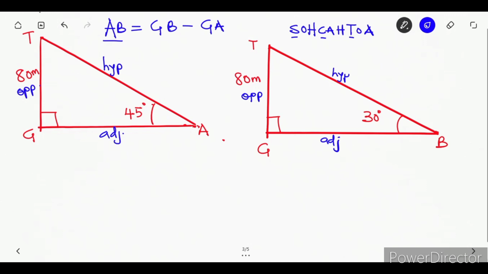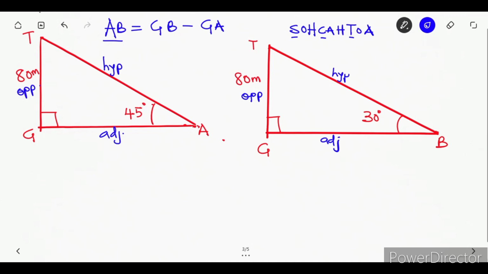Sine is opposite over hypotenuse, cosine is adjacent over hypotenuse, then tangent is opposite over adjacent. To get GA, I'll need to use tangent, because tangent relates opposite to adjacent, and I have the opposite to be 80 and the adjacent is unknown.